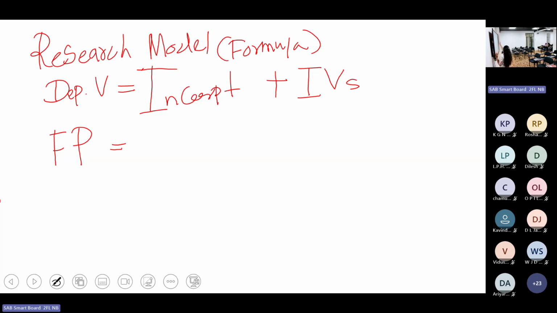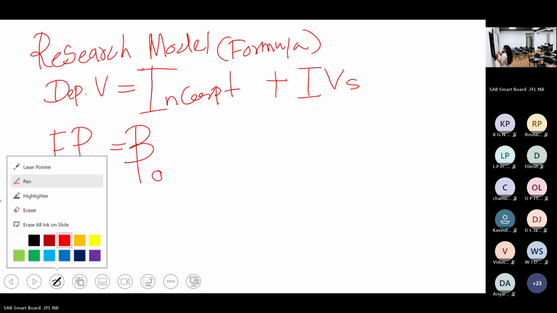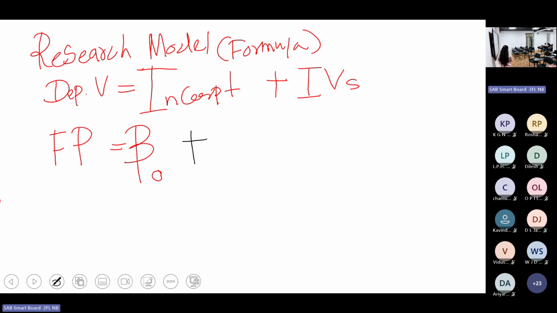We know all formulas include the intercept, which we call beta 0, plus the coefficients. You learned these in regression analysis.